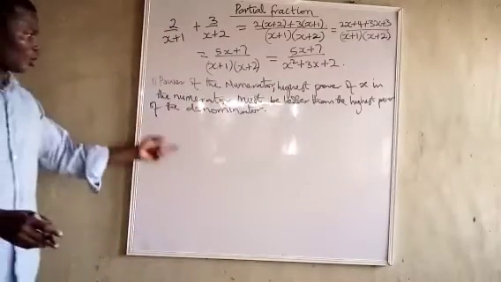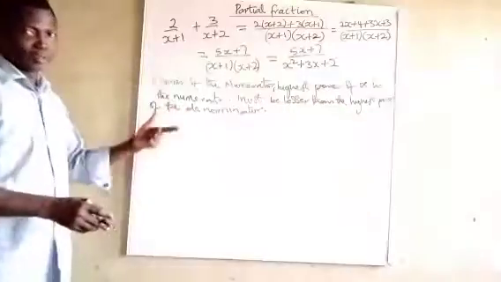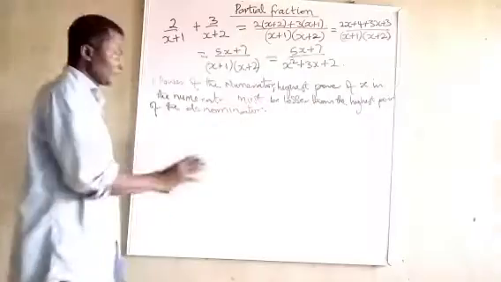So if it is equal to or greater than the power of the denominator, we do our normal division. We get there.